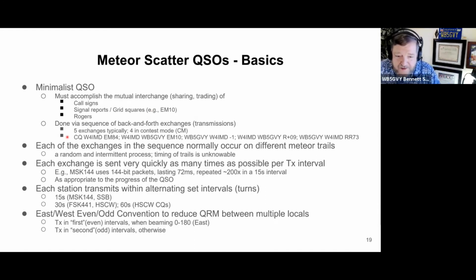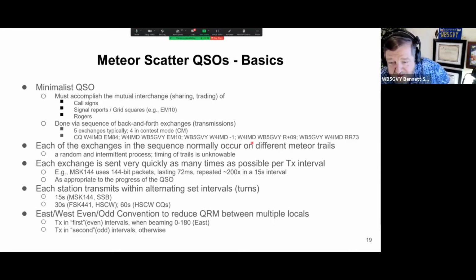The CQ had a grid square too. And then we've got a signal report, in this case, showing a -1. And then there's a Roger of that signal report and another return signal report of 09. And then we've got the double Roger 73.